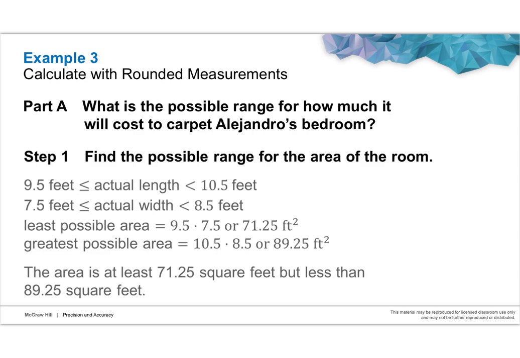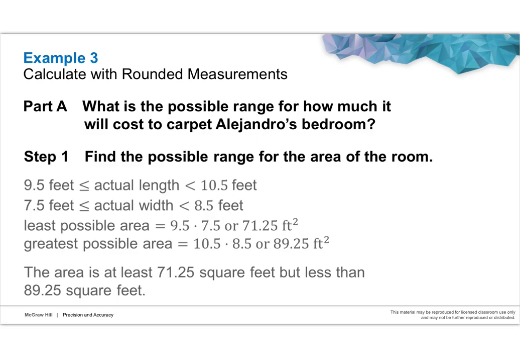In other words, that length is greater than or equal to 9.5 or less than 10.5. In this range right here, we would still round on this end up to 10 and on this end down to 10. Then the other dimension of 8 feet being the actual width, same idea. In this range, we would round up to 8, and in this range, we would round back down to 8.